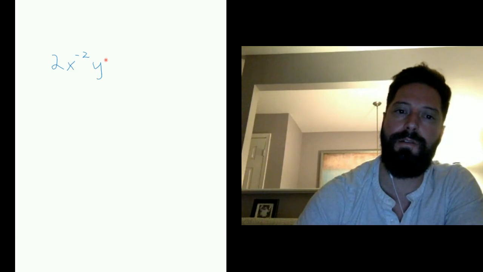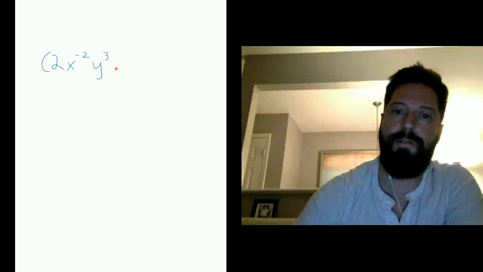So say I've got, let me just make one up, 2x to the negative second, y to the third, all to the second, over, I don't know, y to the negative fourth.